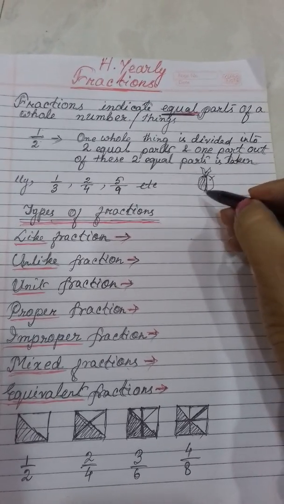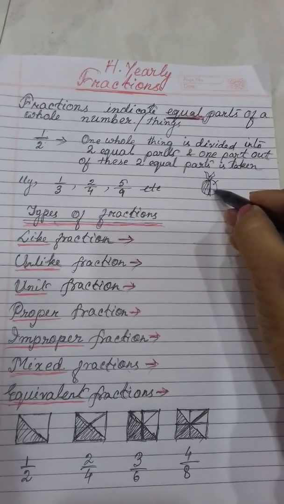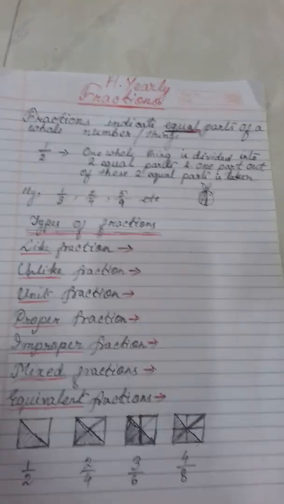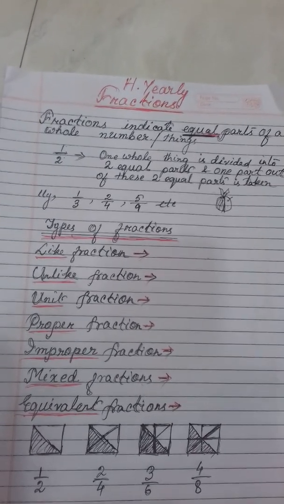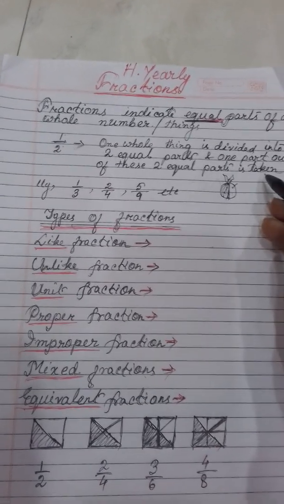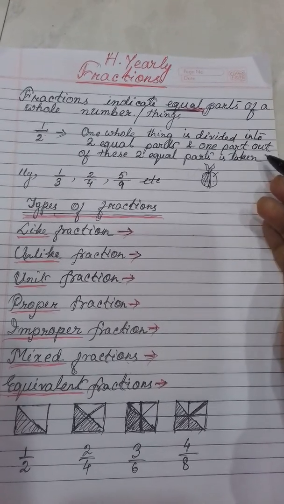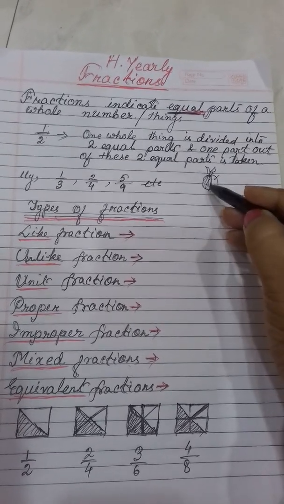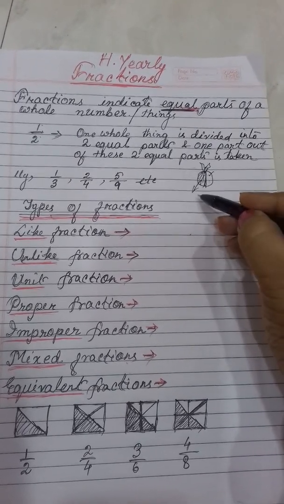Clear? Now suppose this apple you divide among your two friends equally. Mind it students, equally. Then what you will do? You will give one part to one of your friends, and another part to the other friend. Yes or no? Now this one part, what does it indicate?